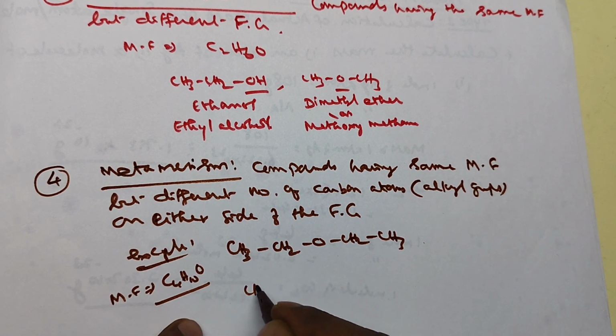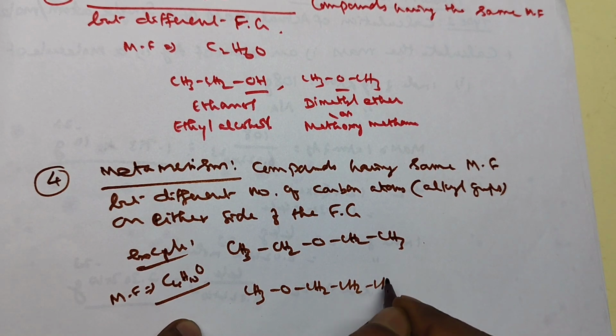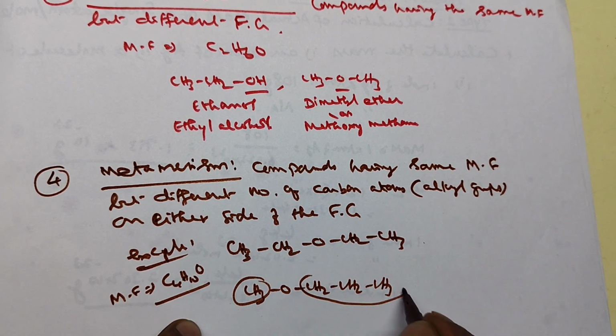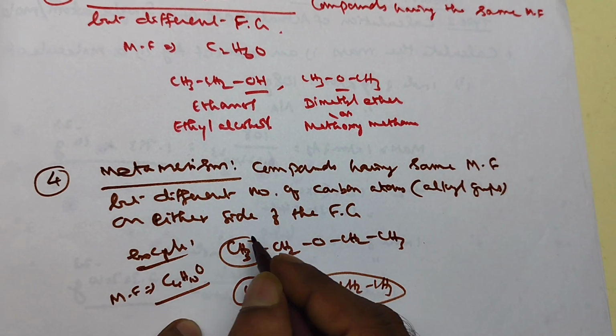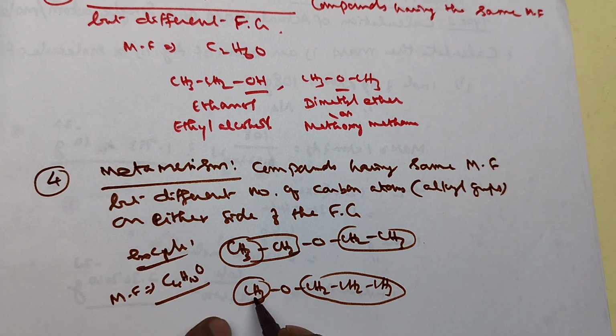Say for example CH3OCH2CH2CH3. With respect to the functional group on both sides, see the number of carbon atoms. Here it's 2 carbon, here 2, 2. Here it is 1, and here it's 3 carbon atoms. That is different alkyl group substituents with respect to the ether functional group.